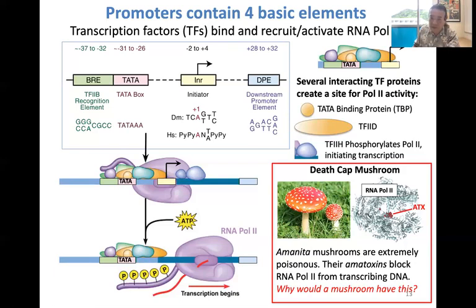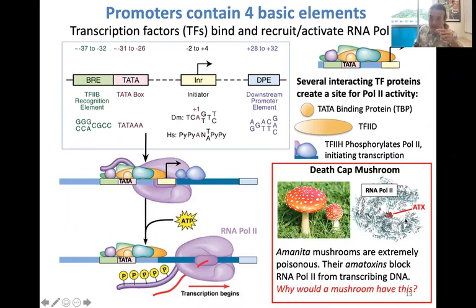In other words, it prevents proteins from being made from the genes that a cell needs to be able to make, right? So in this case, it's a small molecule that we don't have in our body, but mushrooms make. And if we get this molecule in our body, it has disastrous results. That's why people die of mushroom poisoning, because their cells in their body can't make proteins anymore.